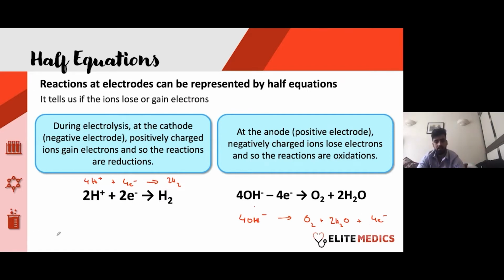So if I now do this, I get 4H+ + 4OH- goes on to make 2H2 + O2 + 2H2O. That is the overall equation for the H+ ions and the OH- ions in the electrolysis of water.